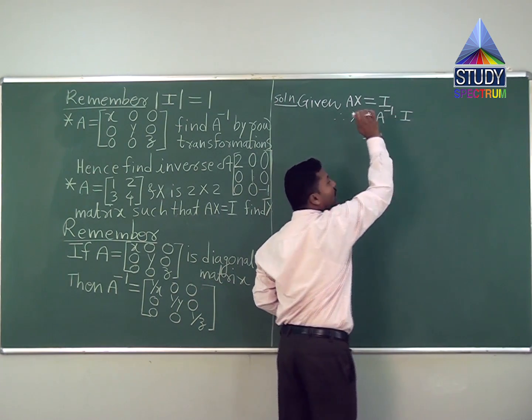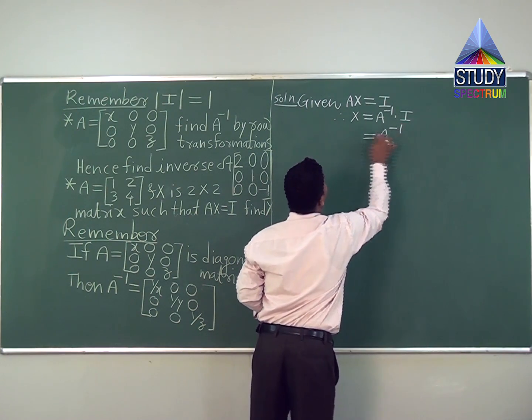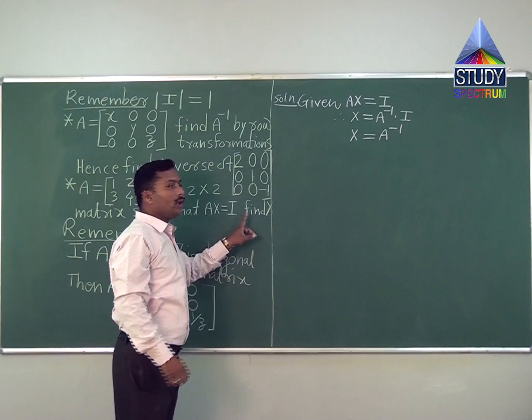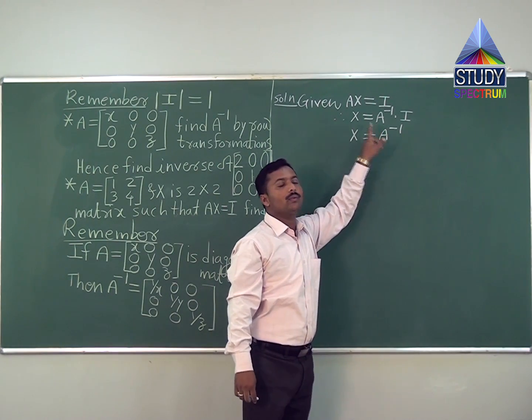So 1 into A inverse, so capital X equals A inverse. We want to find X, which means we want to find A inverse.